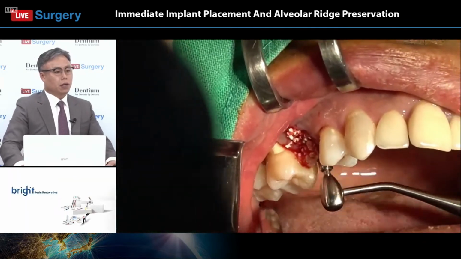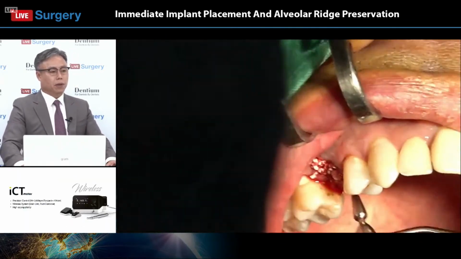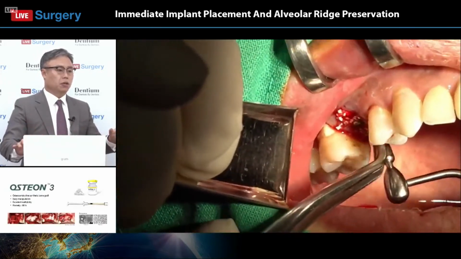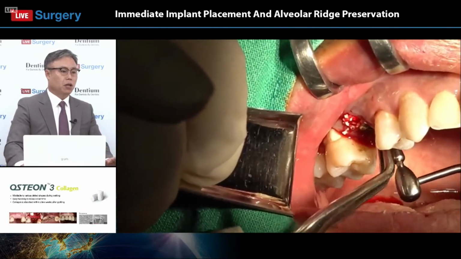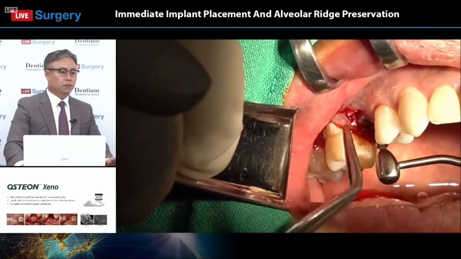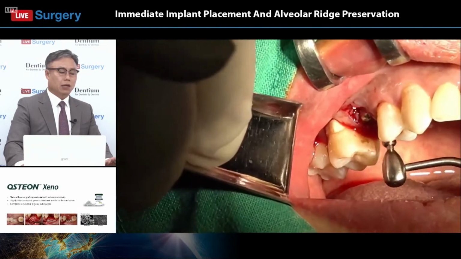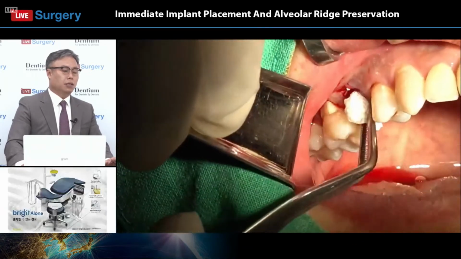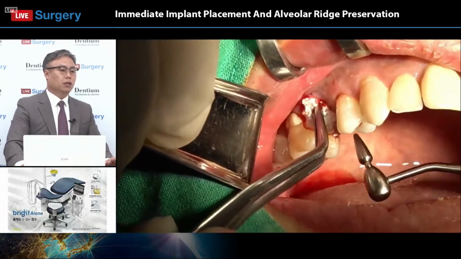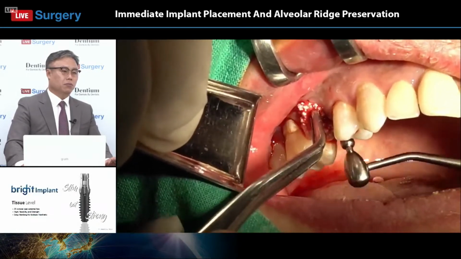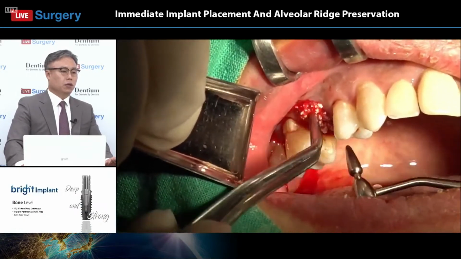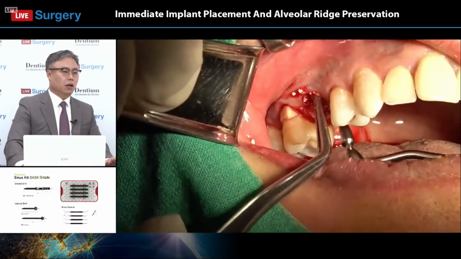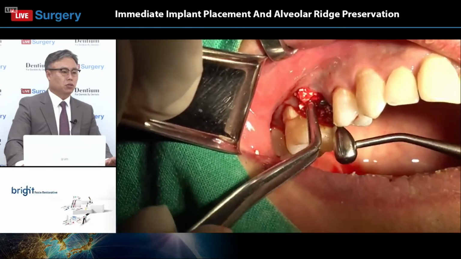Without much inflammation, it's kind of an intact extraction socket. I don't think he's using antibiotic soaking. Probably the saline soaking is enough for this case. But sometimes we can also soak the bone graft material with a mixture of antibiotics and saline solution.